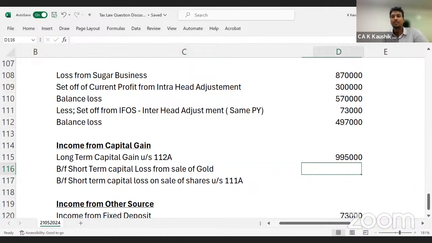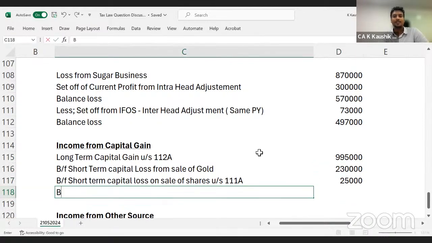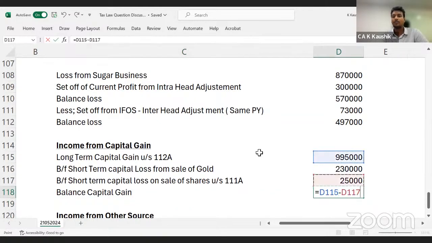Both of these can be set off, 2,30,000 and 25,000. So both of these will get set off. Balance capital gain that is available to be taxed: 9,95,000 minus 2,30,000 minus 25,000, 7,40,000 is available.